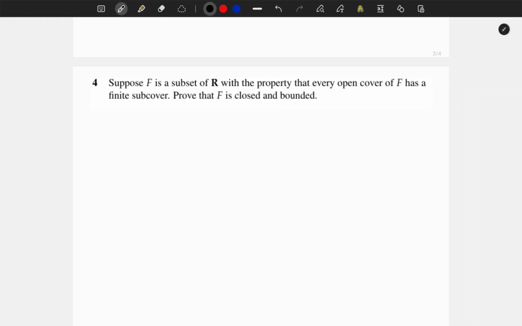Suppose F is a subset of R with the property that every open cover of F has a finite subcover. We have to prove that F is closed and bounded. The first thing is proof 1: F is closed. That's the first thing we want to prove.